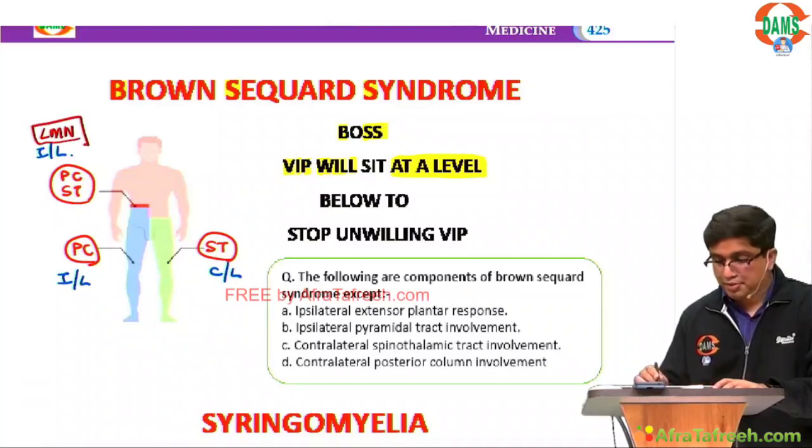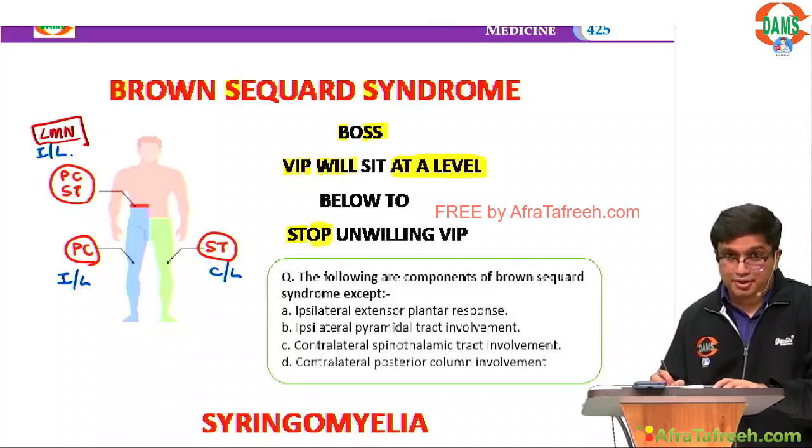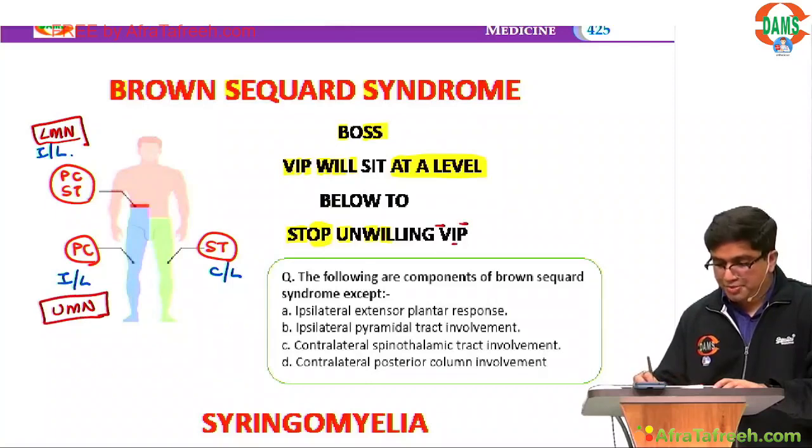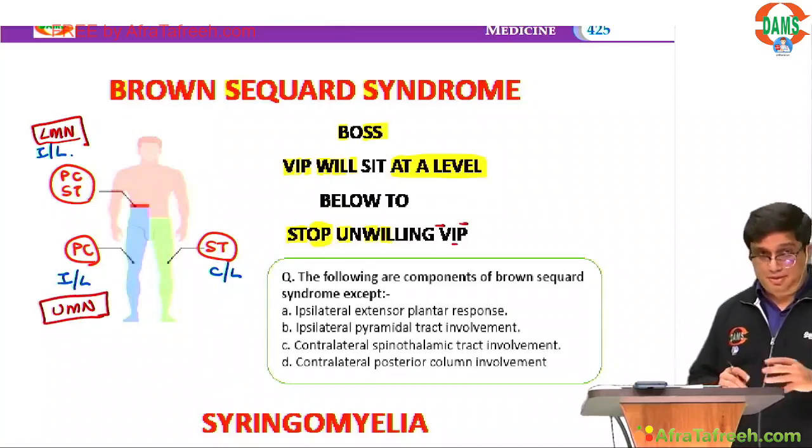But below the level of lesion, the temperature and pain, or the spinothalamic tract, is affected on the opposite side. The UMN weakness will again be seen ipsilateral below the level of lesion. And vibration and proprioception is again on the same side, ipsilateral.